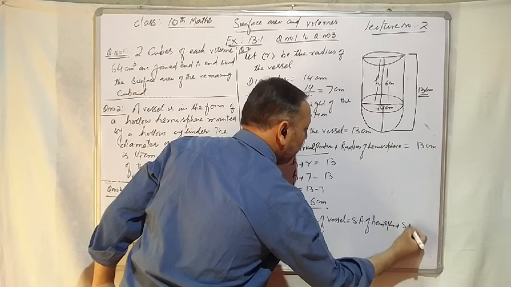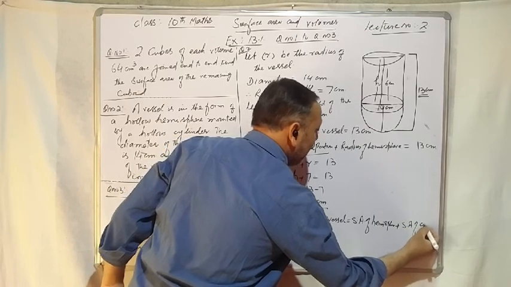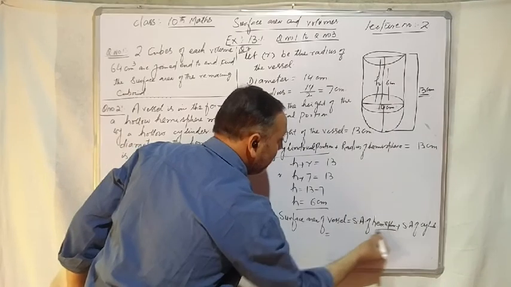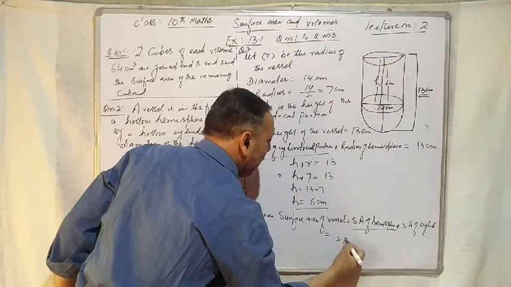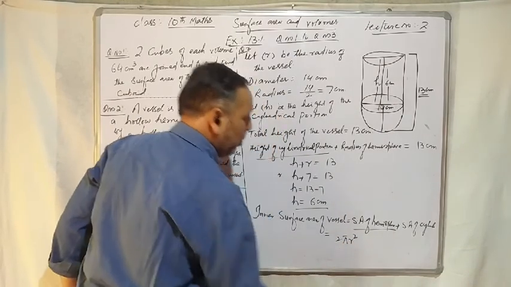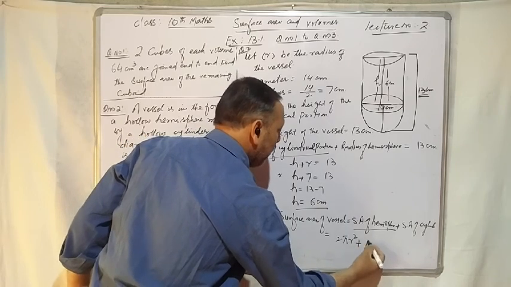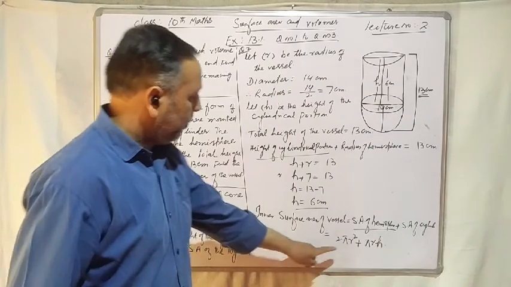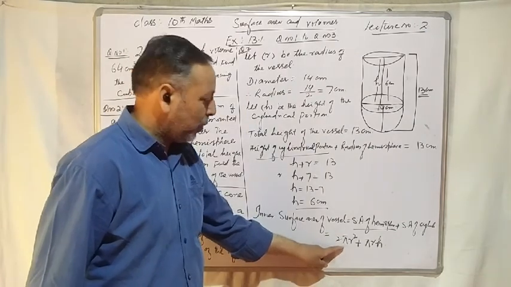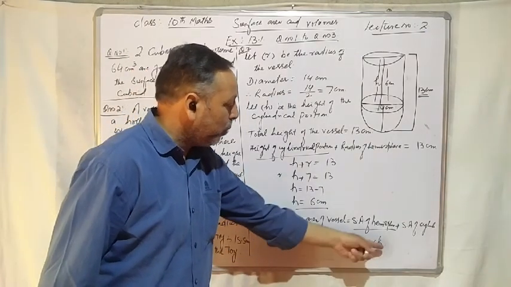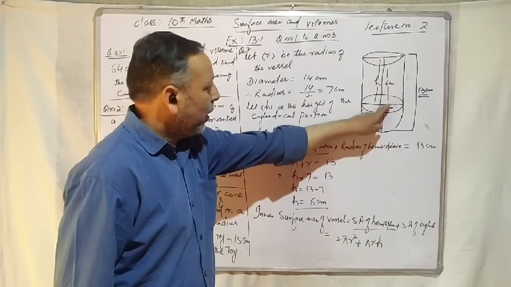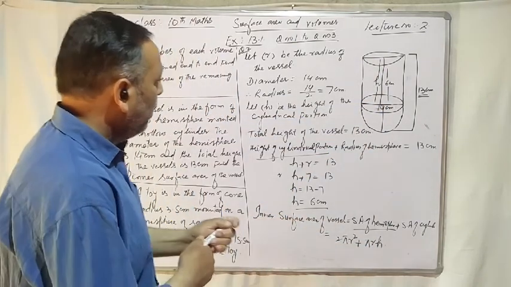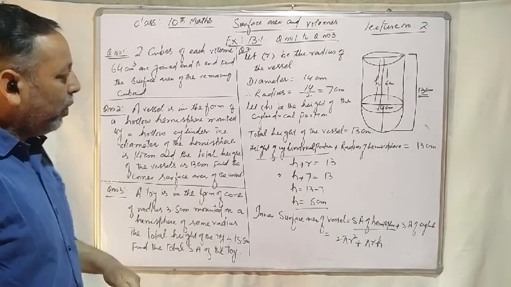So it is equal to surface area of hemisphere, which is 2 pi r square, plus surface area of cylinder, which is 2 pi r h. r being the same, radius of cylinder and radius of hemisphere is same. You pause the video and note it down.